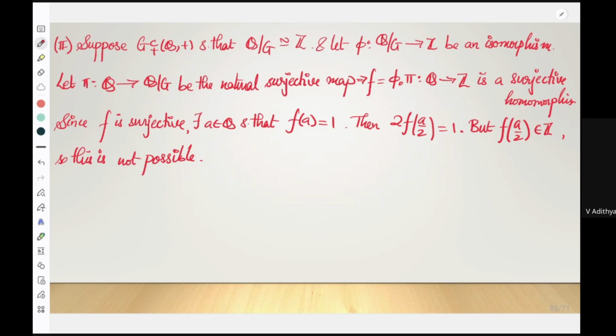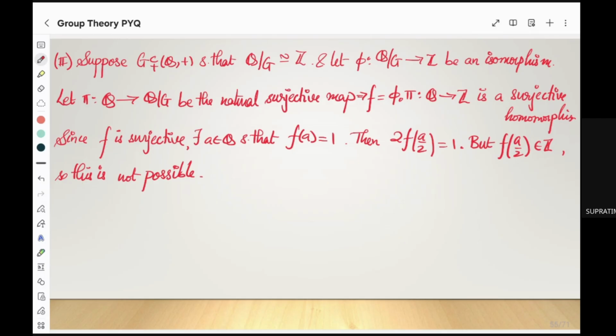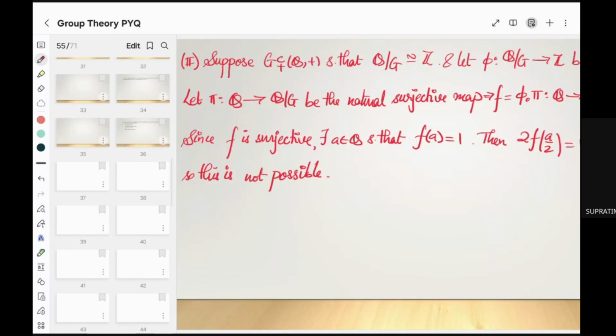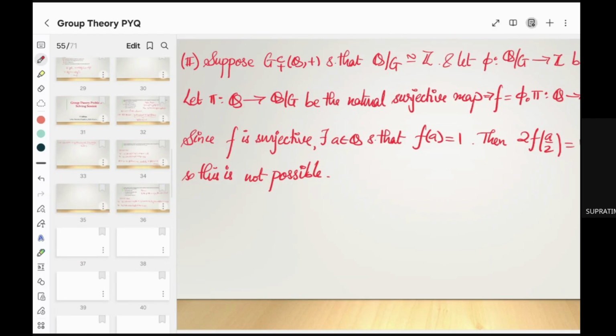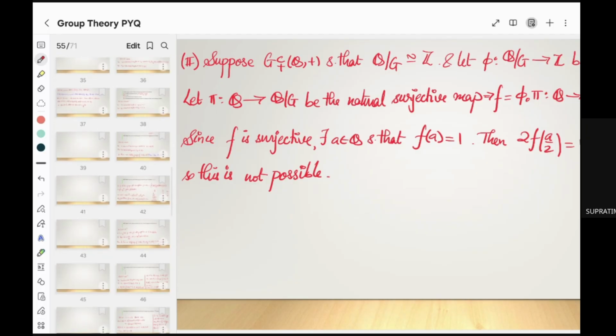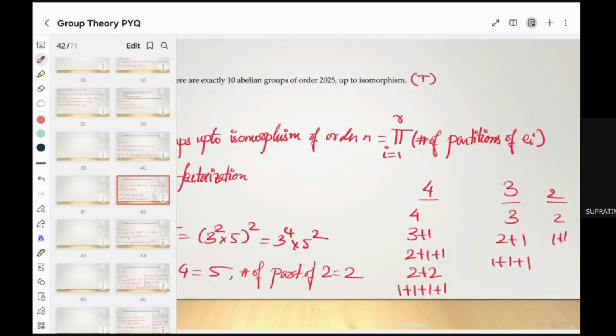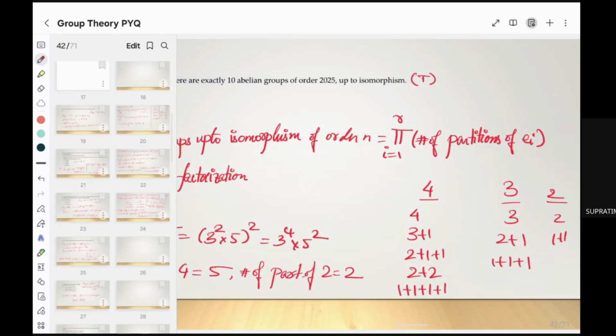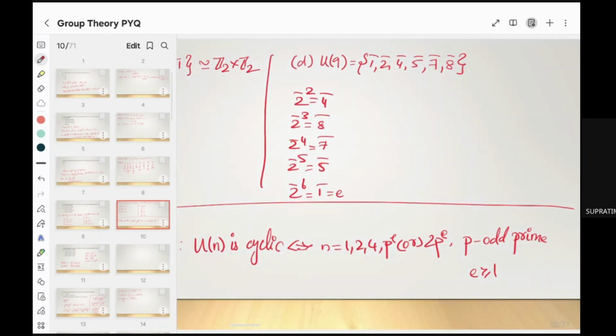We discussed questions like this in the previous session. Yes, sir, I think there is no option other than checking the order of every element of U of n. For U12 or U10 this is quite time consuming, checking the order of each element to compare surjectivity, injectivity or homomorphism between two groups.